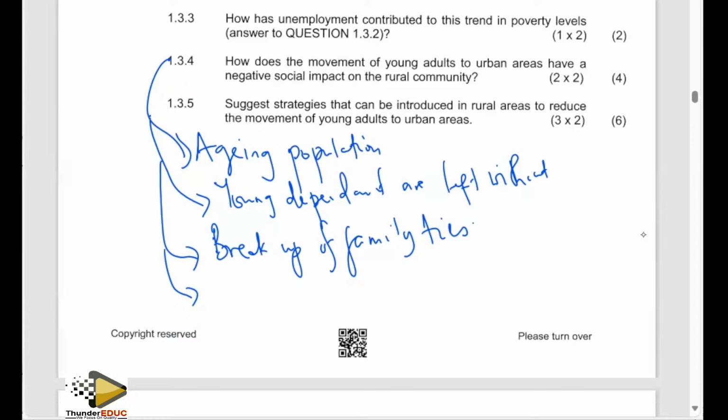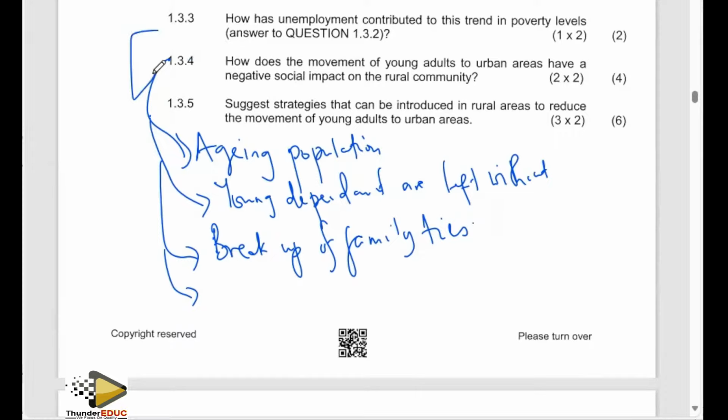So that has got a negative implication on the family. They have this breakup of the family ties. So basically, we are looking at aspects that have something to do with the way of life of people in the rural areas, how lives of people in the rural areas are negatively impacted as a society. How does that impact on the society in the rural areas?